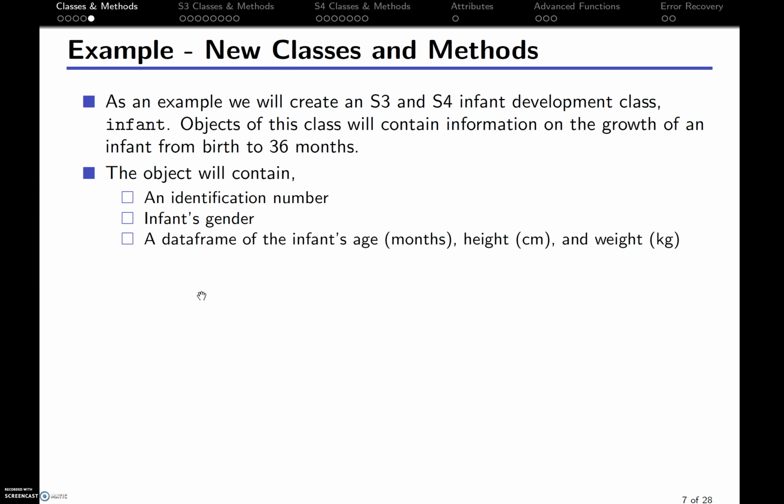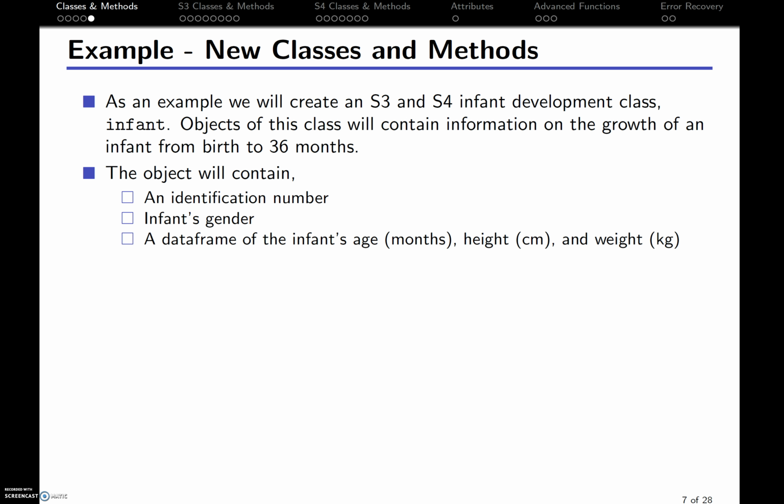Okay, so in this example, we're going to create S3 and S4 classes for an infant development class called infant. These objects are going to contain information on the growth of an infant from birth to 36 months.